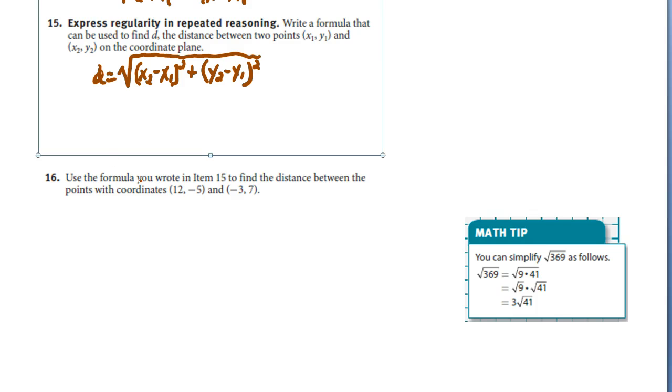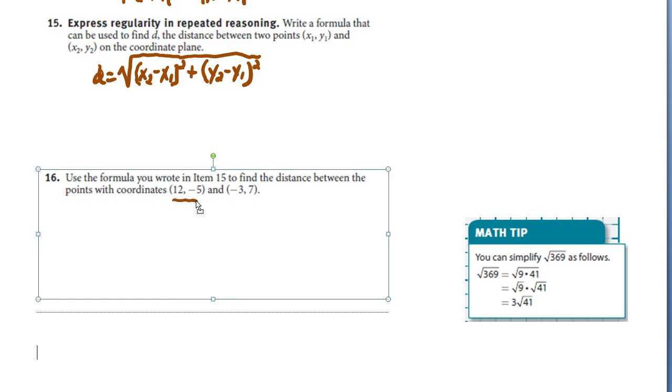Number 16, use the formula we just wrote to find the distance between points with these coordinates. All right, so let's tackle this. The distance formula is d equals the square root. In the square root, we're finding the difference of the x coordinates squared plus the difference of the y coordinates squared. So let's think about what these numbers are that get subtracted.